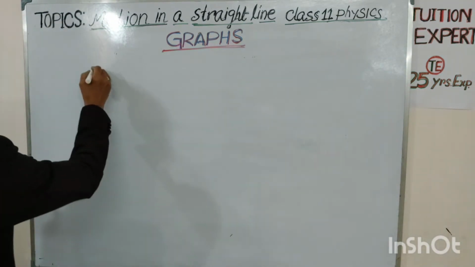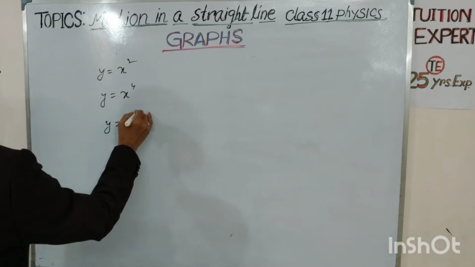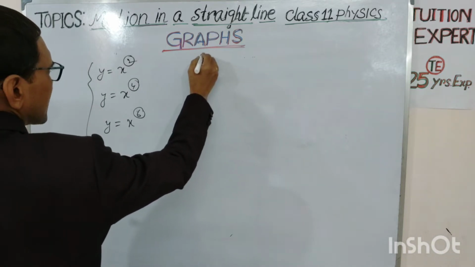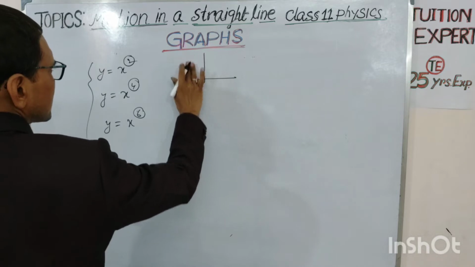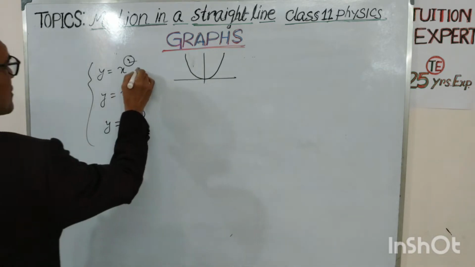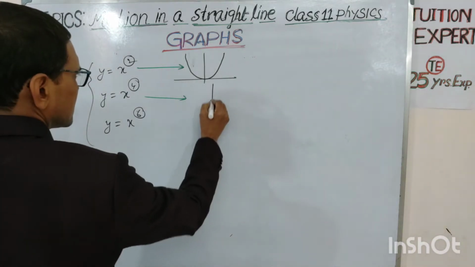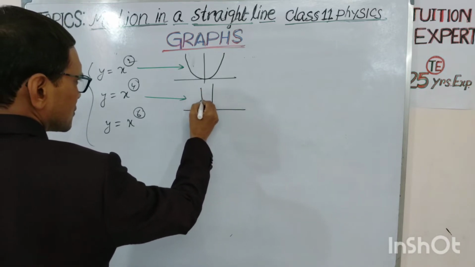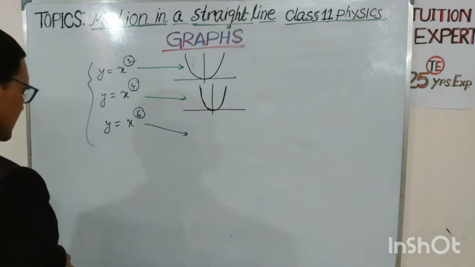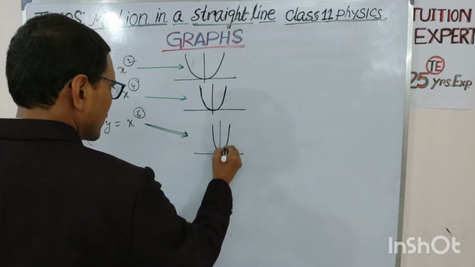y equal to x square, y equal to x to the power 4, y equal to x to the power 6. When the power is even, the graph will be like this. Suppose y equal to x square, the graph will be this. y equal to x to the power 4 will be more narrow. y equal to x to the power 6 will be even more narrow towards the y-axis.